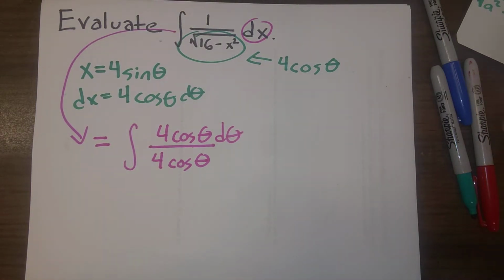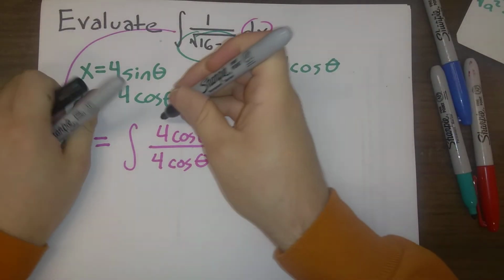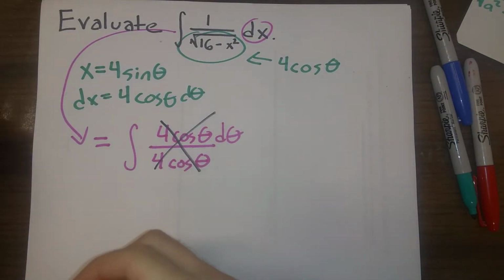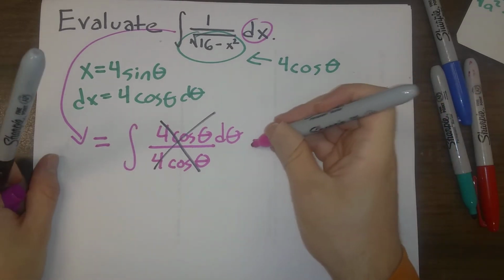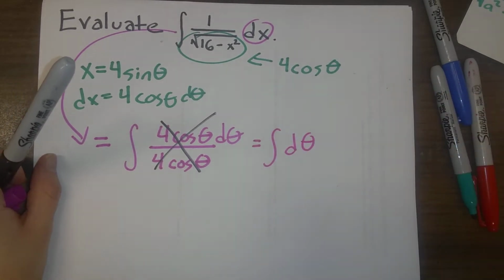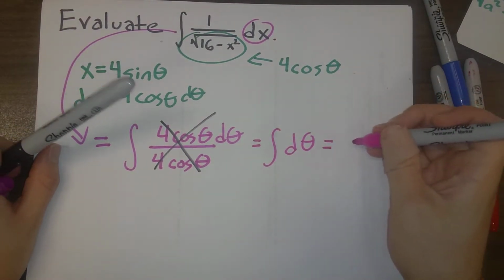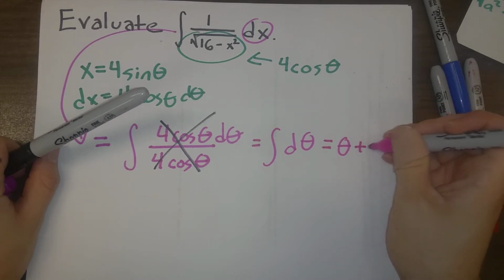And so, hey, look, lots of things are going to cancel out. That all cancels out right there, and we are left with just the integral of 1 d theta, which, of course, is just theta plus c.